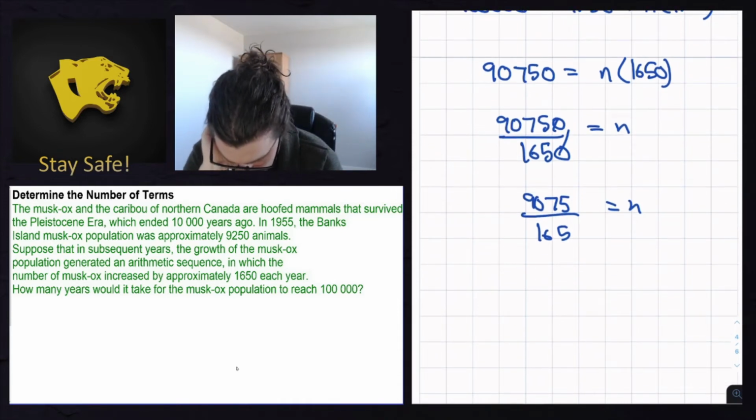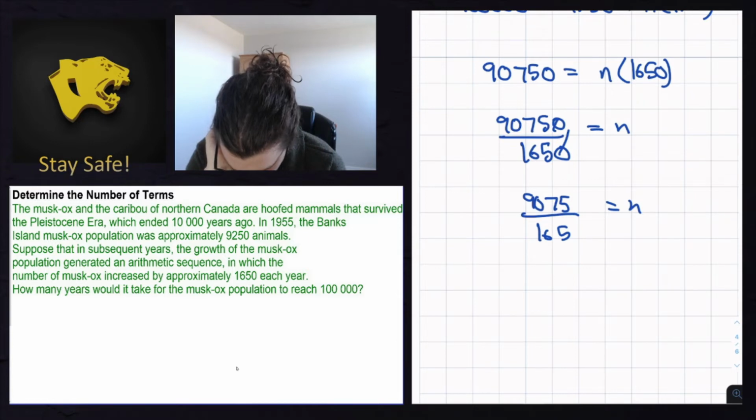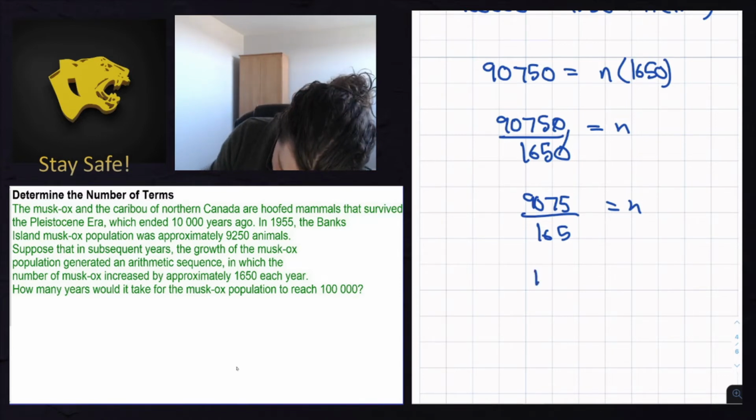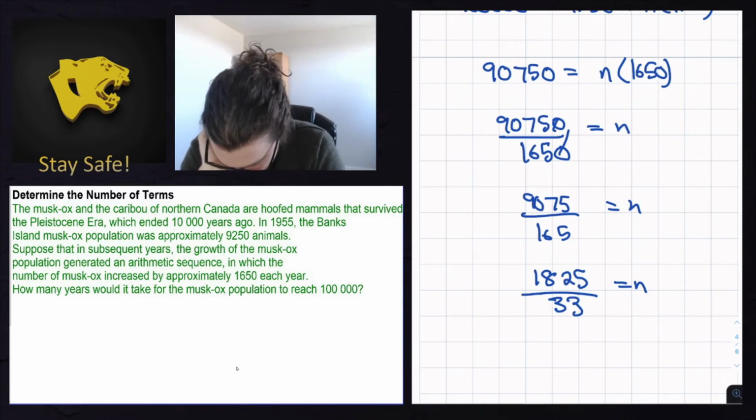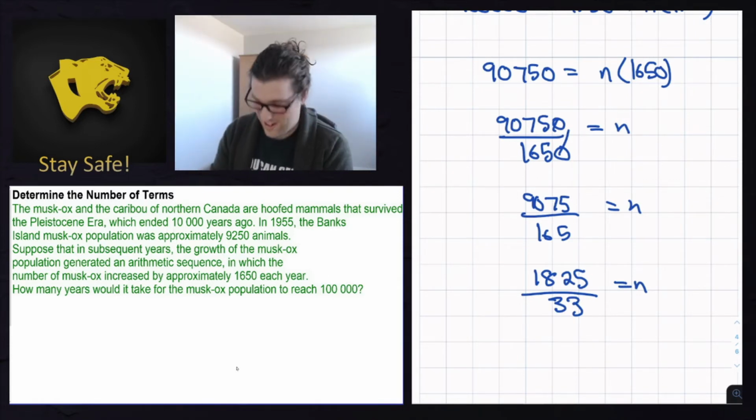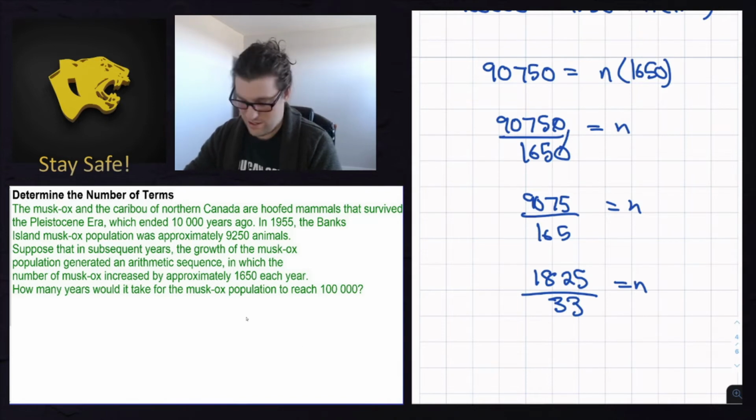So that's going to be what? 5,000 would be divided by 5 would be 25, and then 5 goes into 90 18 times, so it's 18 25 over 33. I don't think I'm... Is that divided into 3? 9 is 7. Nope.